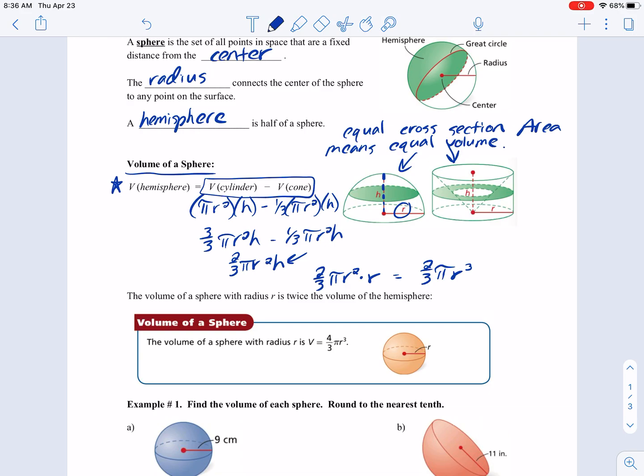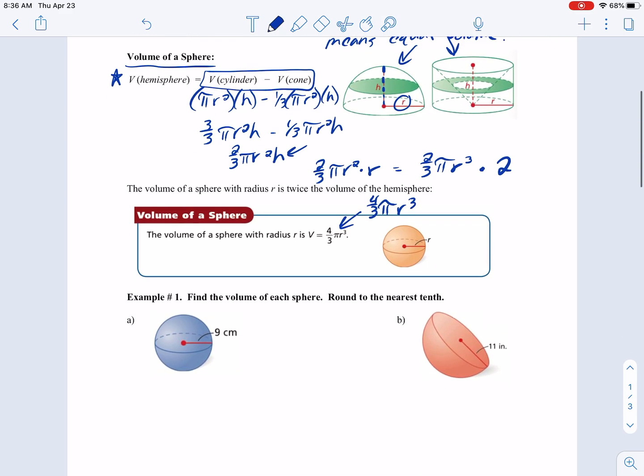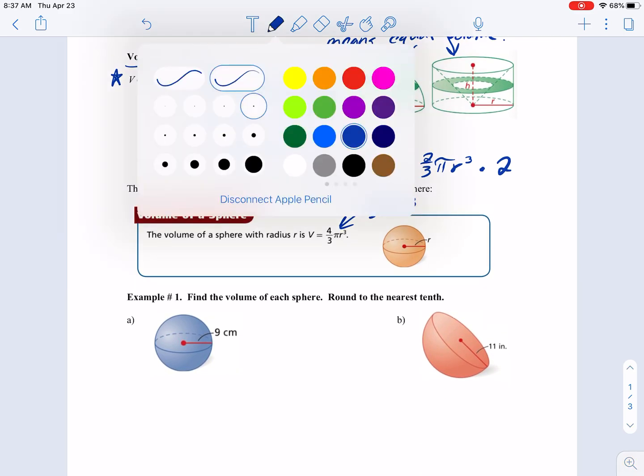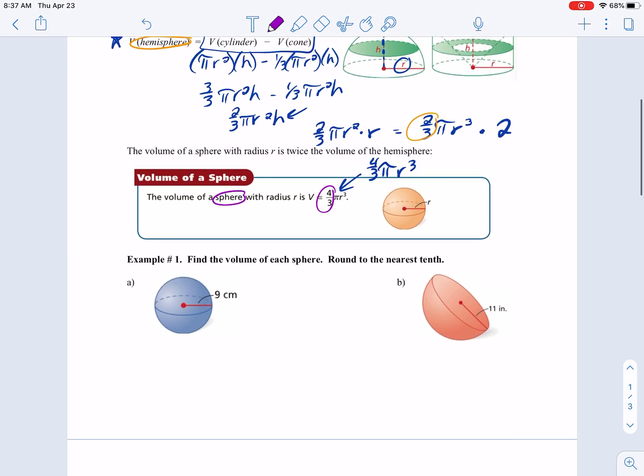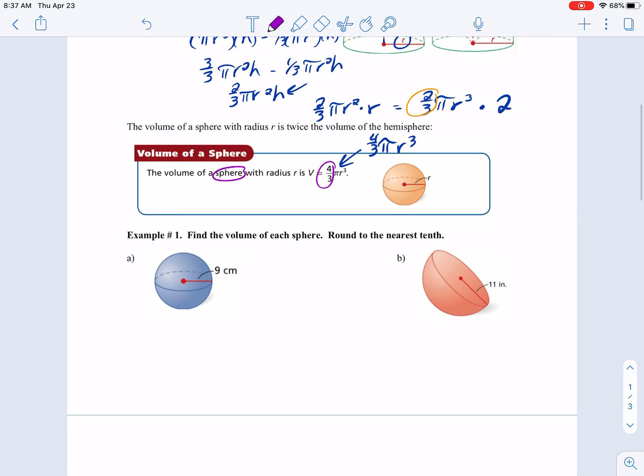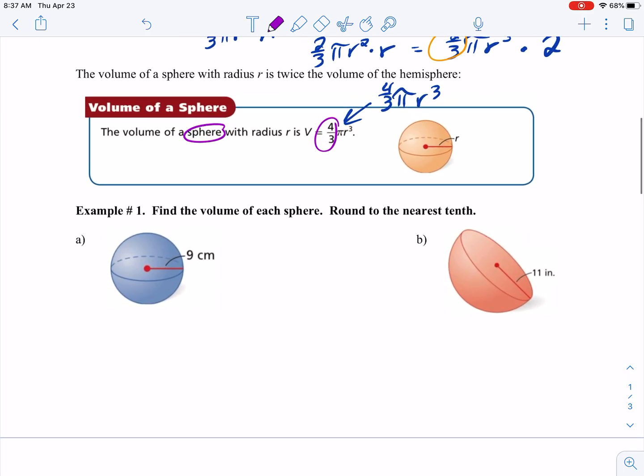If we want to find the volume of a sphere, that's just double. We multiply by 2, and now we have our formula for the volume of a sphere. 2/3 times 2 is 4/3 pi r cubed. And you can see that's the same exact formula we have listed here. So for a hemisphere, we would be using 2/3. For a sphere, we would be using 4/3.